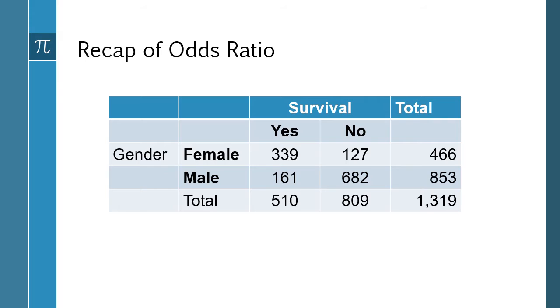The females who didn't survive, the total was 127. Among the males, those who survived, the total was 161, and those who did not survive, the total was 682 for males. And so now I'm going to pause.